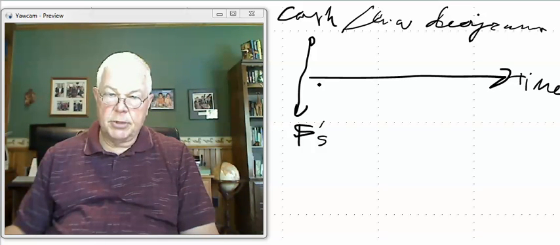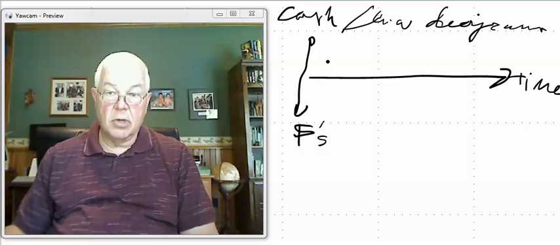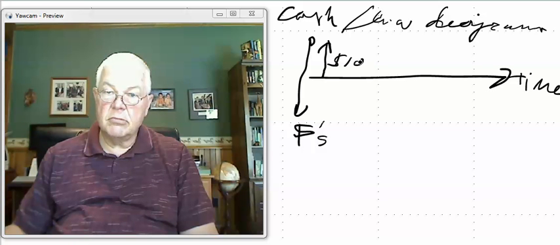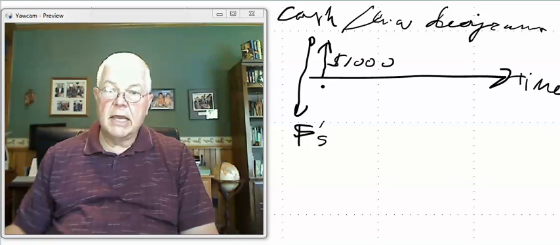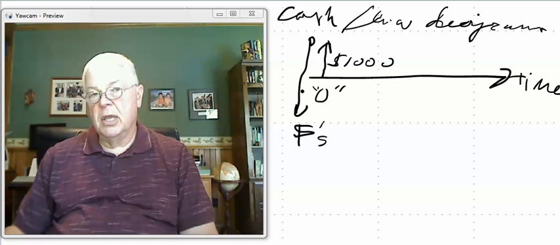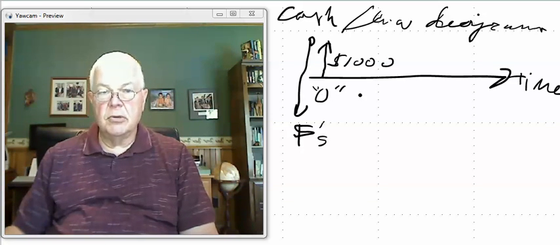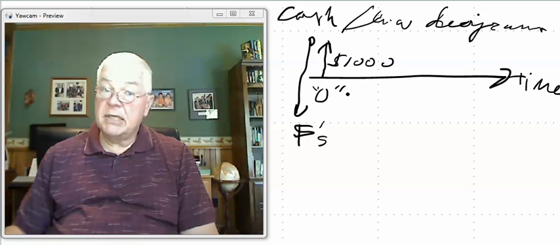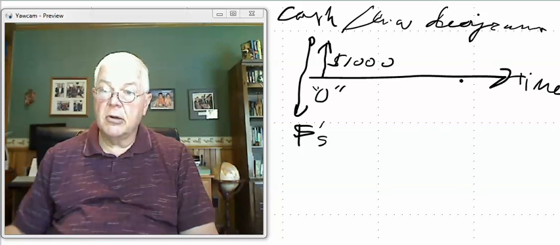So for example, let's say I got a loan of $1,000. I put an arrow, generally it's done with arrows. I make the height equal 1,000. I got it today, so the time is 0. It's relative. You could use actual dates, but it's more conventional to just use 0. And let's say I had to pay 10% interest on this and pay everything back at the end of the year.